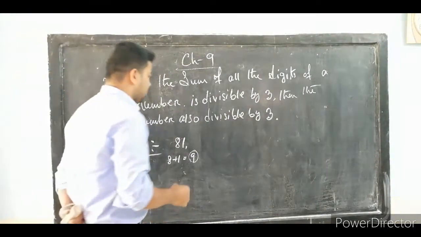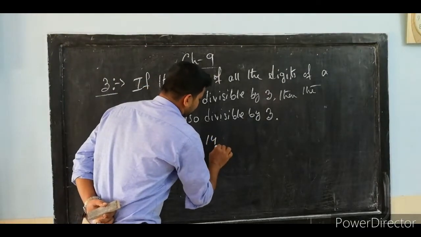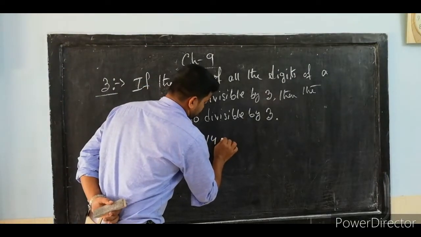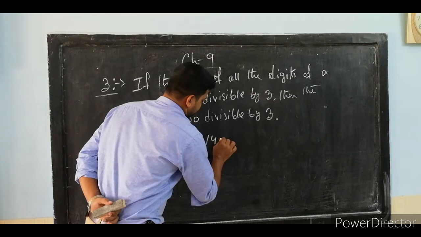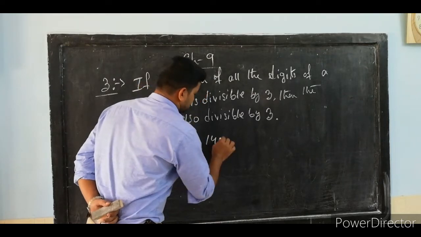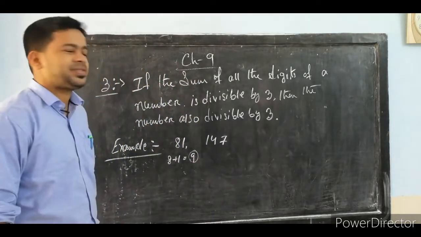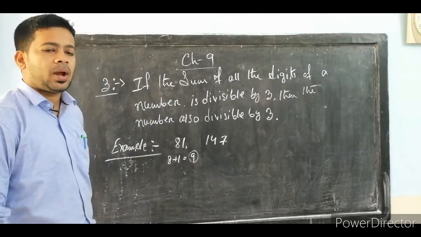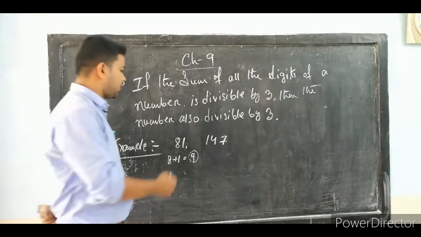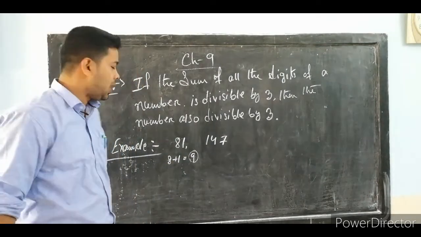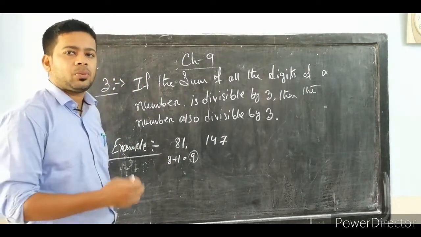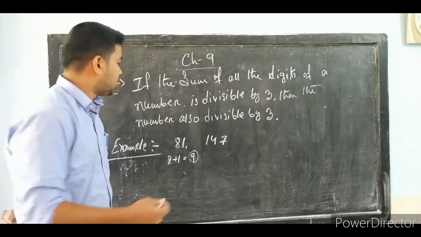Let it be another number, like 147. So can we say 147 is divisible by 3 or not? How will we check whether this number is divisible by 3 or not?